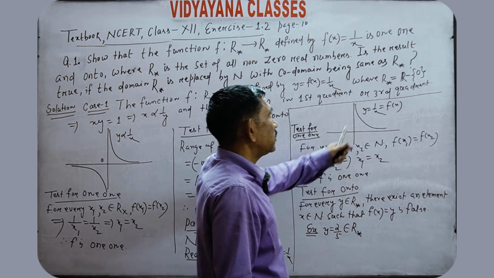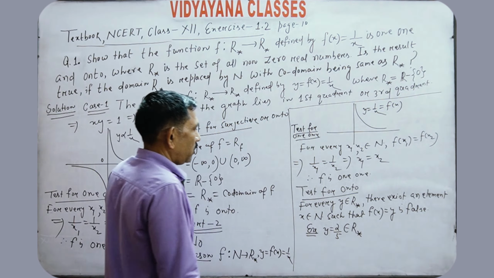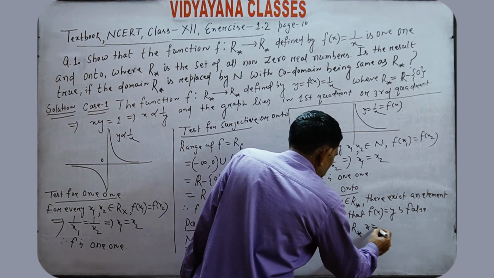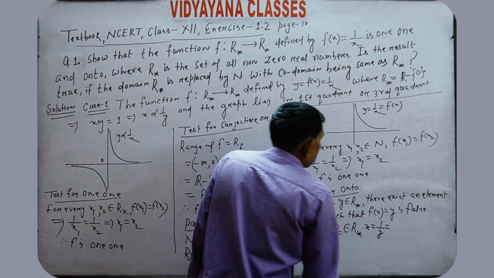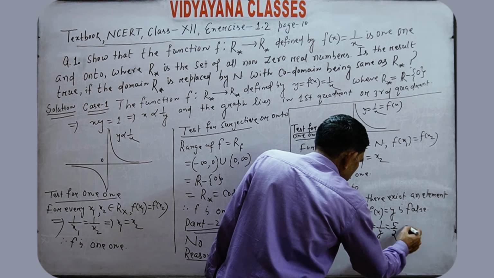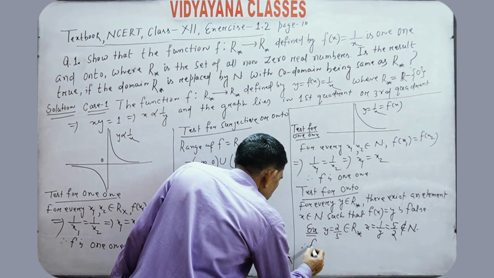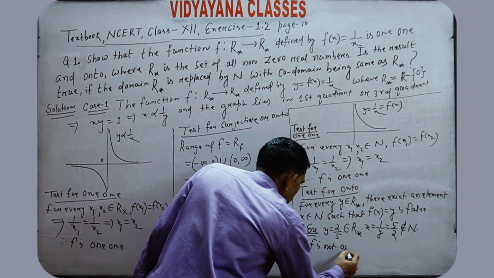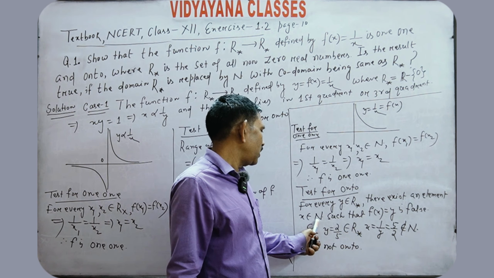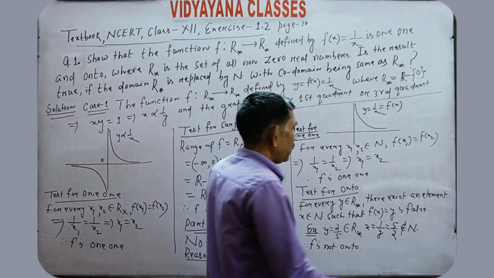R star means the set of real numbers without 0, that means R minus {0}. x is equal to 1 by y, since x and y are inversely proportional, is 5 by 2, which does not belong to N. Therefore, f is not onto.